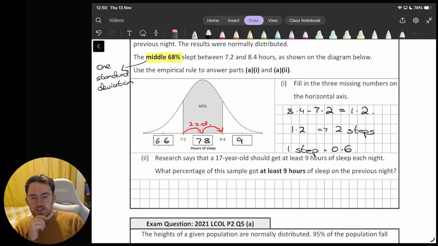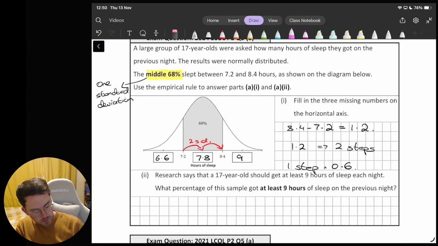Looking at part 2, research says a 17-year-old should get at least 9 hours of sleep. What percentage of this sample got at least 9 hours of sleep? Well, let's see. Going up as far as 9 hours here, let's focus on the right hand side. So that's going up 2 steps, or 2 standard deviations. We know that that's 95.